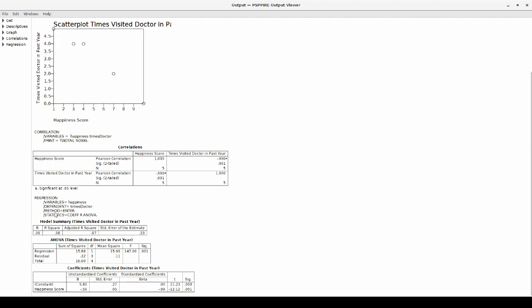This method enter is a standard, don't worry about changing that. And then we have what statistics do we need. So this is going to ask for our coefficients, which are these down here. It's going to ask for our R, which is this model summary, R and R squared. And it's going to ask for the ANOVA, which tells us whether our best fit line is in fact a good line at all.